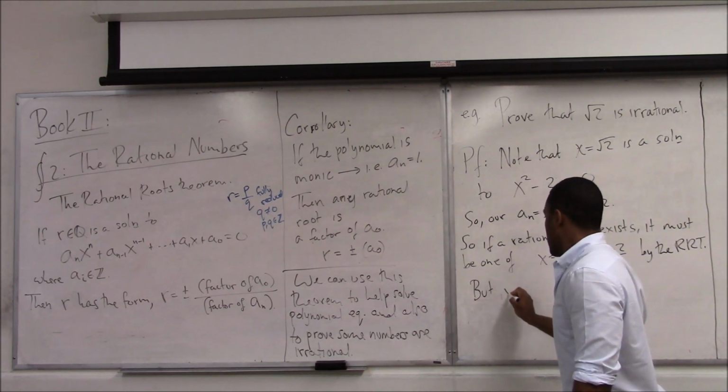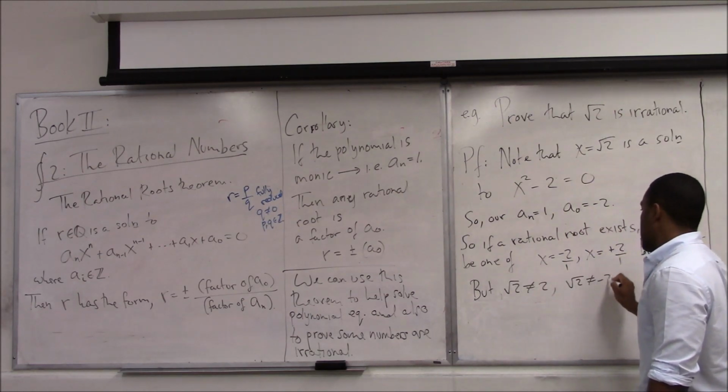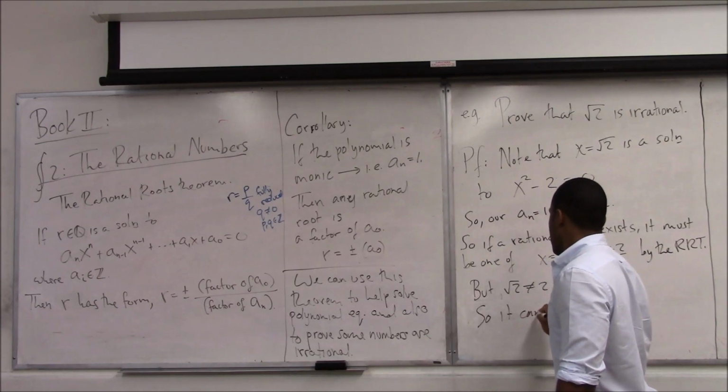But radical 2 is not equal to 2, and radical 2 is clearly not equal to minus 2. So it cannot be rational.